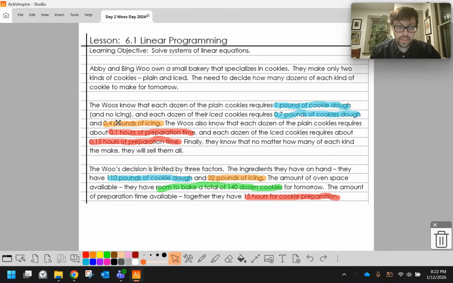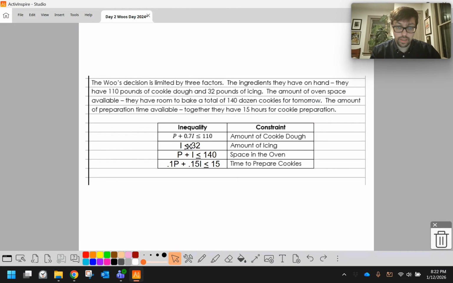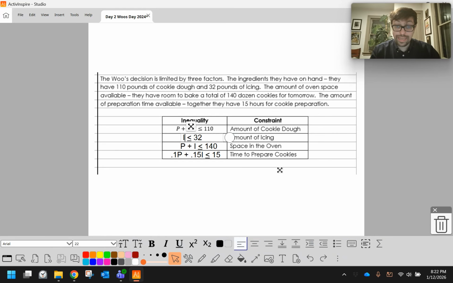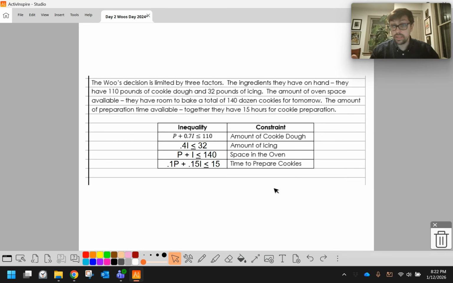And if I look back here, each dozen iced cookies takes 0.4 pounds. So on the dozens of iced cookies, we want to multiply by 0.4 because we're going to use 0.4 of a pound of icing for every dozen iced cookies that we make. So those are all the constraints, mathematically, that the Woos are dealing with.